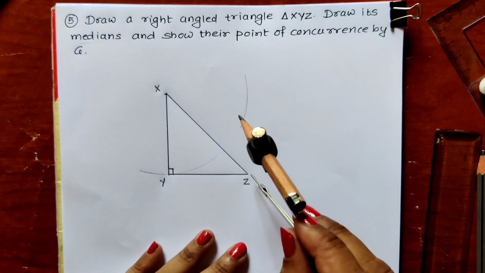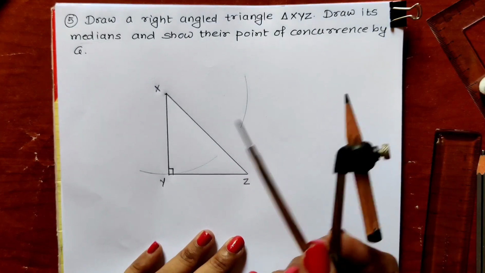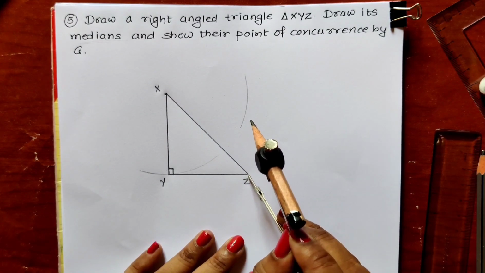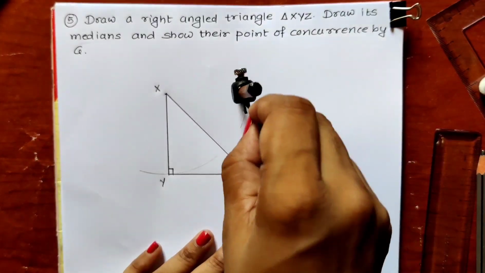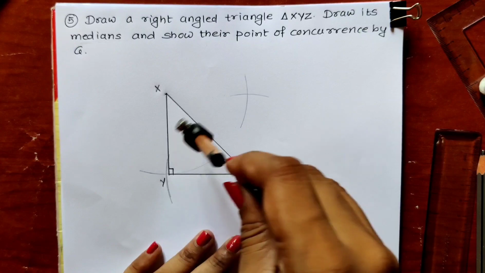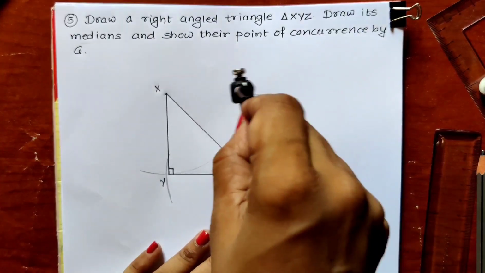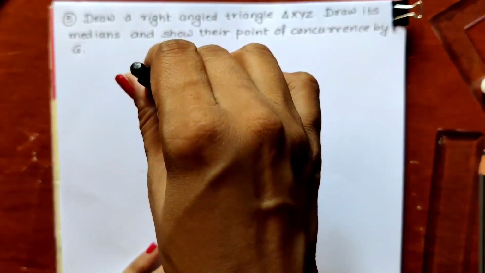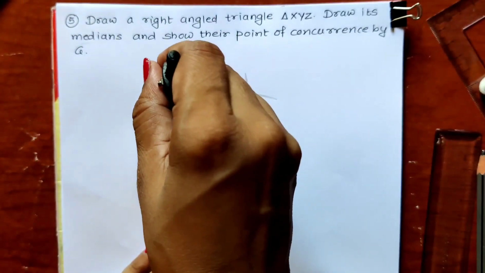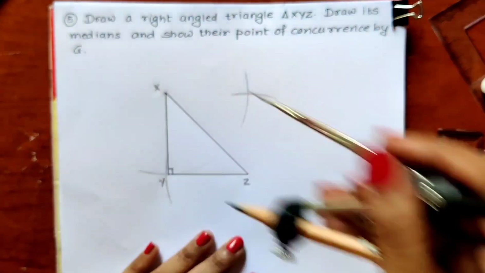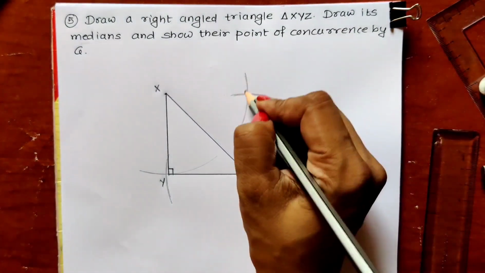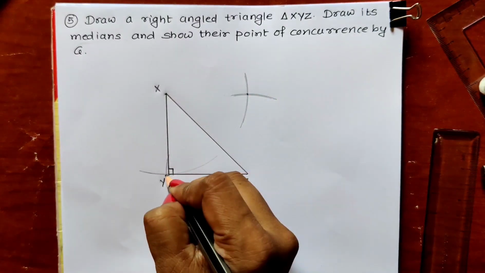Then I will draw another arc without changing the distance in my compass from point Z also. They will intersect the previous arcs in this way. As you all can see, they have intersected the previous arcs. And now we can draw a line passing through these two points.